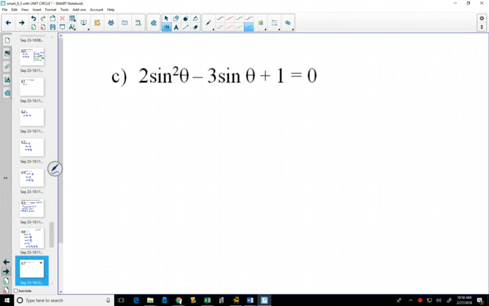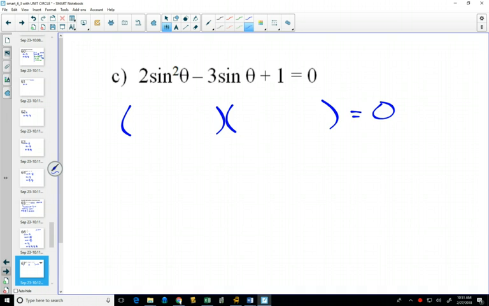Now test your factoring skills. We have a trinomial, so when we're factoring this one, if you can factor it directly, it'll be 2 binomials multiplied together to get 2 sine squared minus 3 sine theta plus 1.